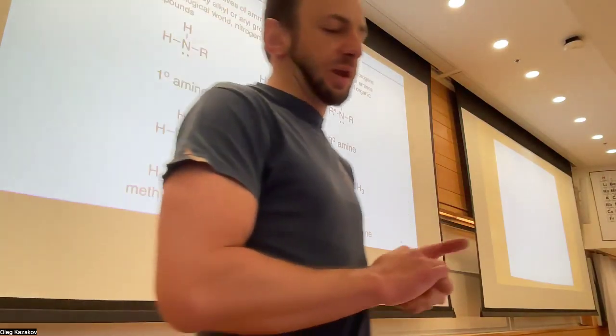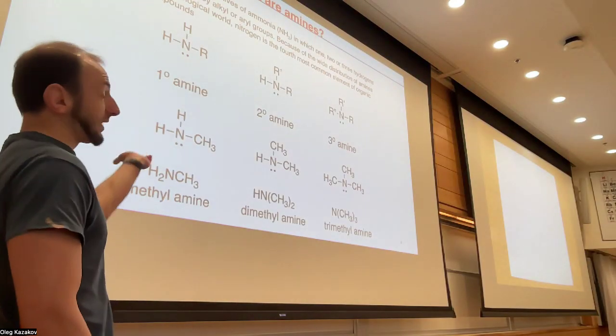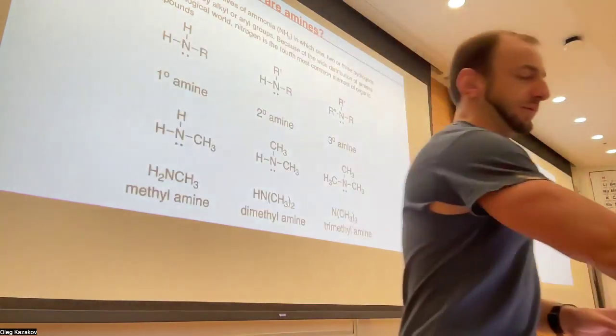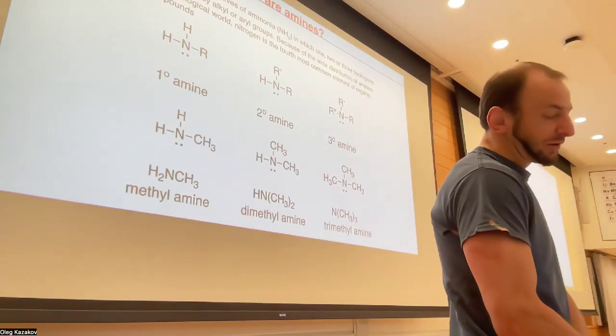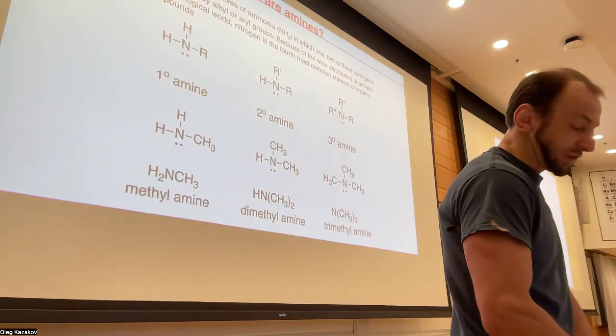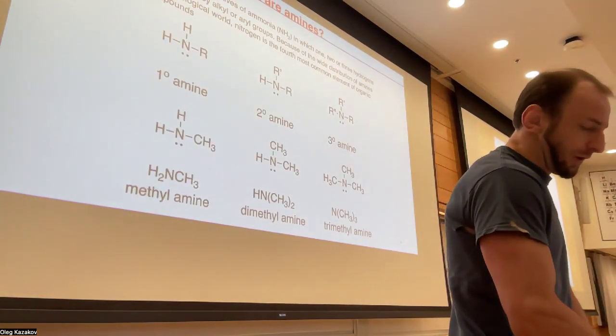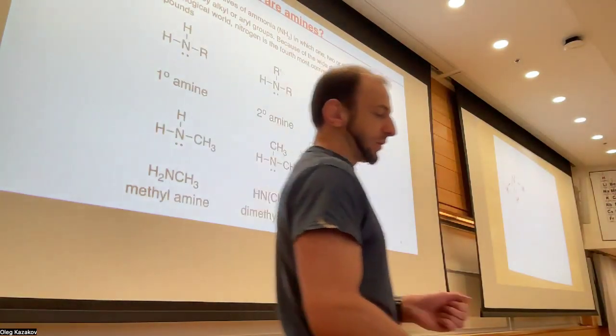Now we're going to take a look at some structures, right? Amines, they look like that. If I start drawing here, we're talking about general chemistry, of course, such as NH3. That is part of the general chemistry courses. That was ammonia.